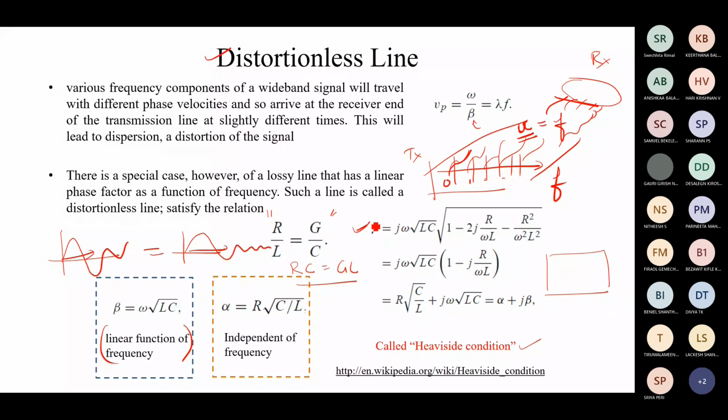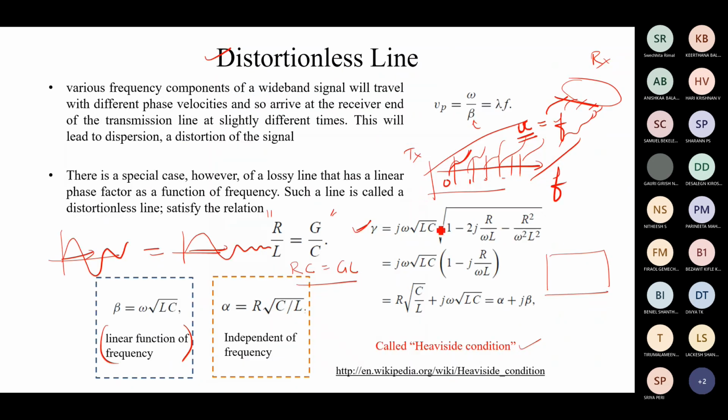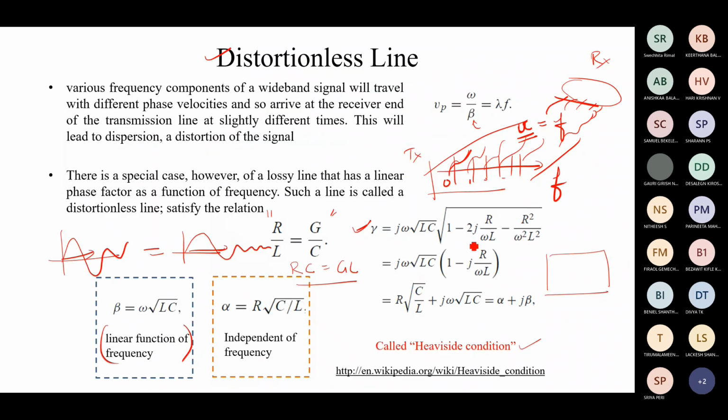First of all, we apply it to the propagation constant, which is alpha plus j beta. How to substitute is very simple. You take R by L and G by C outside, and you can easily get it. So the L component and C component are taken out, and you get R by G, something like this. These equations are rearranged and we get this equation.